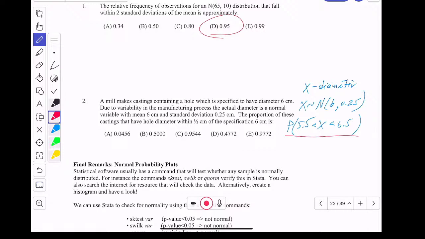So if you standardize this, you see that you get 2 and 2 again.